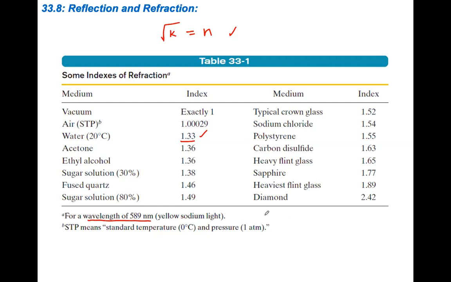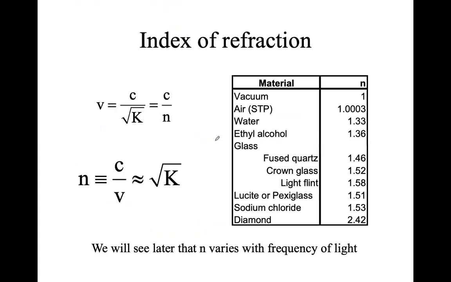You can see how they're related. This table is something that will always be available to you to look up, and you can find these numbers on the web. And the difference between this number and what you might find on some other table is inconsequential to any problem. All right, here's another set of tables saying exactly the same thing and reminding us that it varies with the frequency of light.